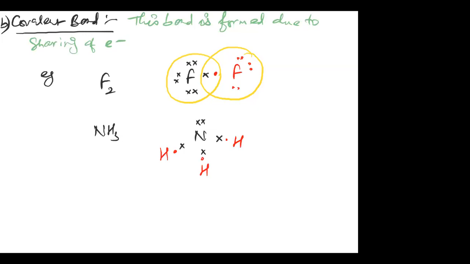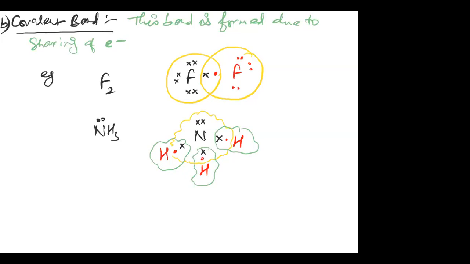So in the valence shell of nitrogen there are 8 electrons, with 2 electrons combined with this hydrogen, and 2 electrons combined with that hydrogen, let's say. So this is the structure of NH3, and there is another structure, F2 fluorine. This bond is formed due to sharing of electrons.